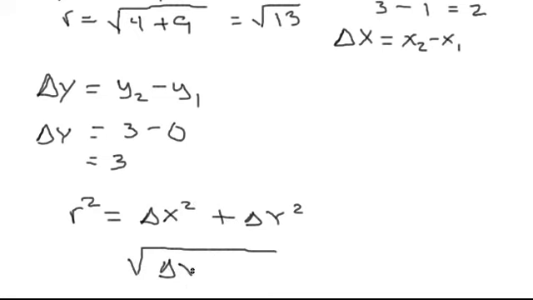So let's just do that. Plus delta y squared is r. Okay? Alright, so now let's look at another example. So we're slowly developing our distance formula.